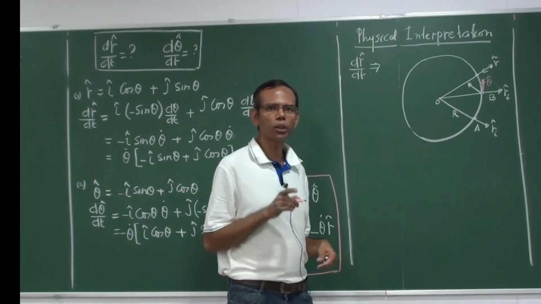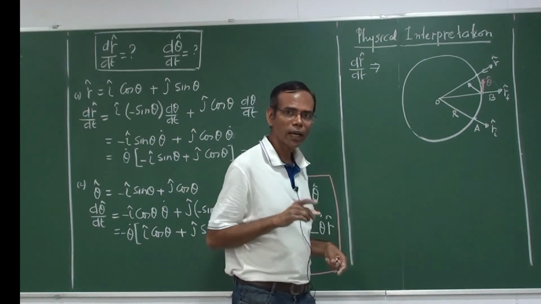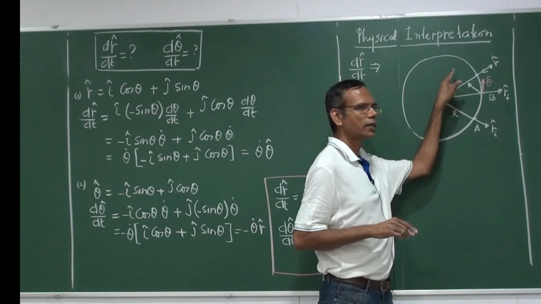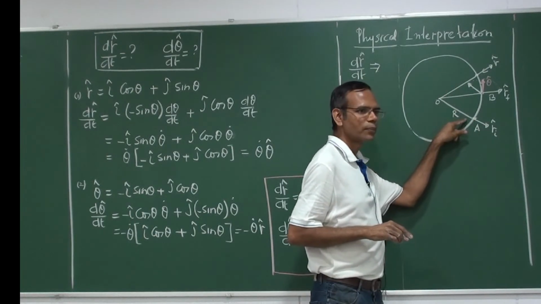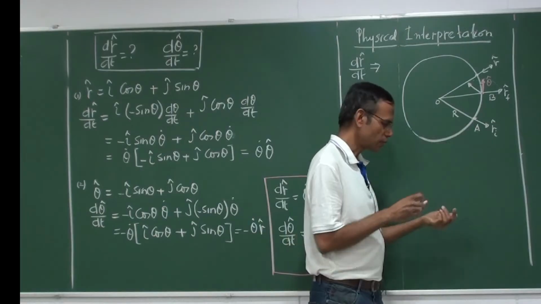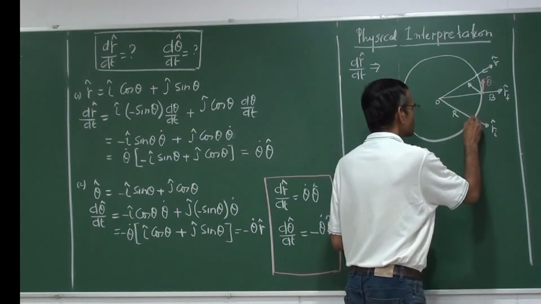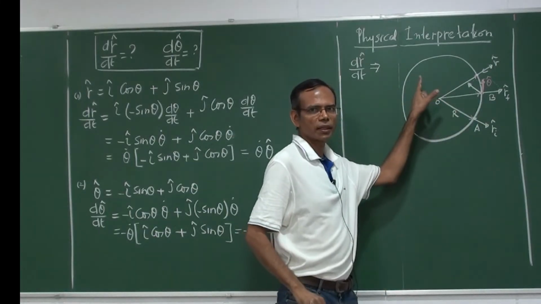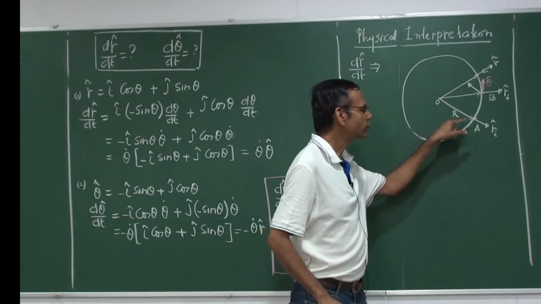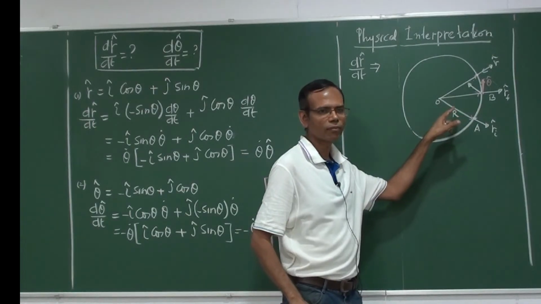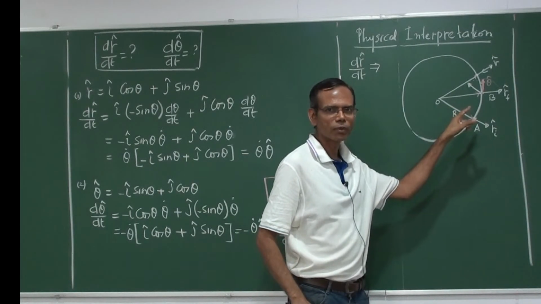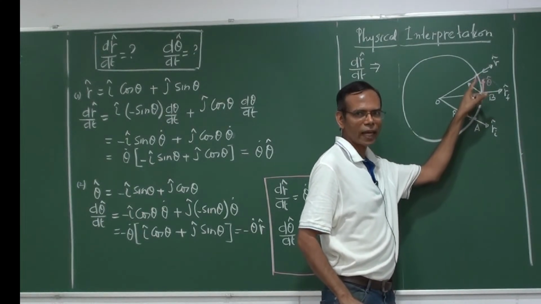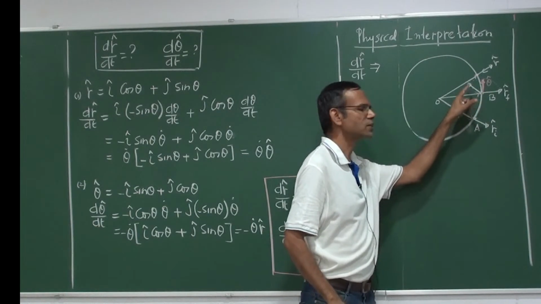And this we have been doing all throughout, where in the circular motion, when a particle is moving like this, the position vector of the particle keeps on changing. And when you differentiate that position vector, you get velocity, and velocity is basically along the tangent.